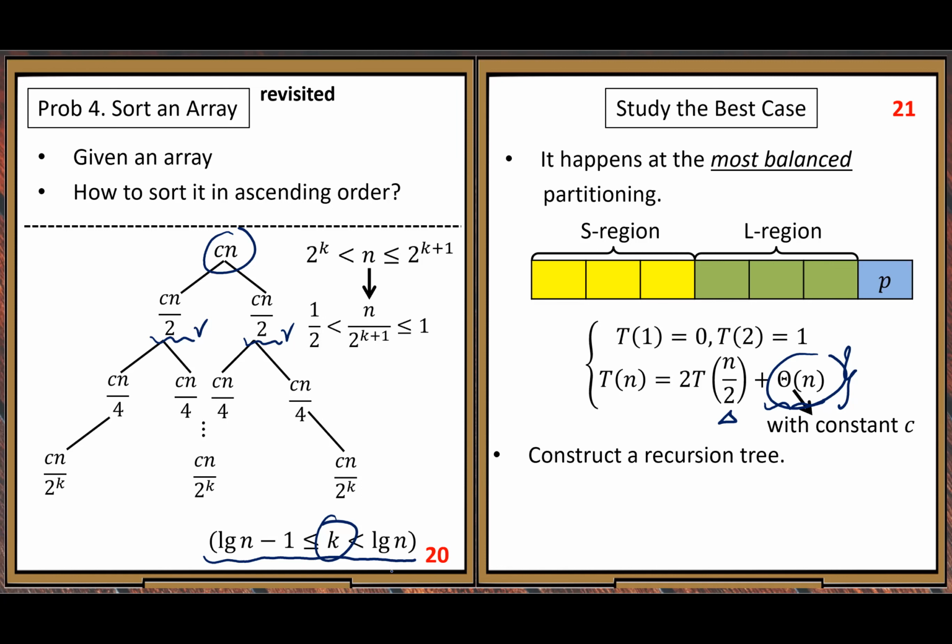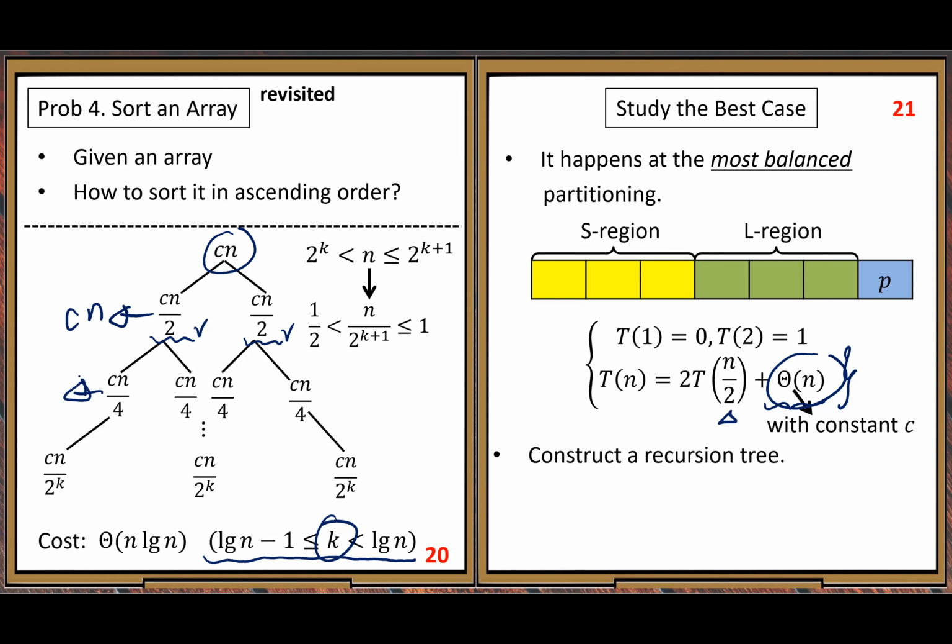Each level, we need to add some non-recursion cost. Then we add non-recursion cost for all levels. That's our final cost. Because each level, the non-recursion cost is c times n. So this level, cn over 2 plus cn over 2, also cn.